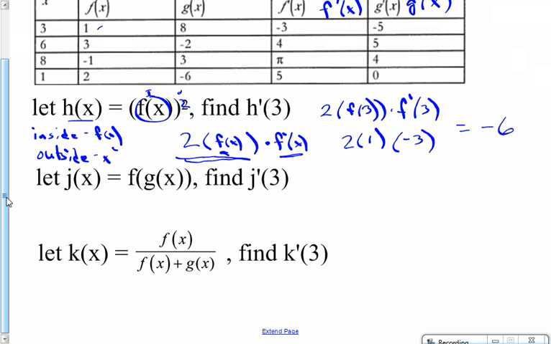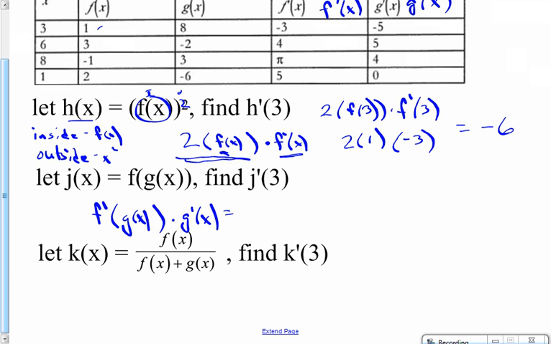What's the derivative of f? We don't know what f is, so it's f prime, right? With the inside remaining the same. So we need to leave g of x on the inside. That's the Tootsie Roll center. Now I multiply by g prime of x. If I want j prime of 3, I'm just going to put 3's in.